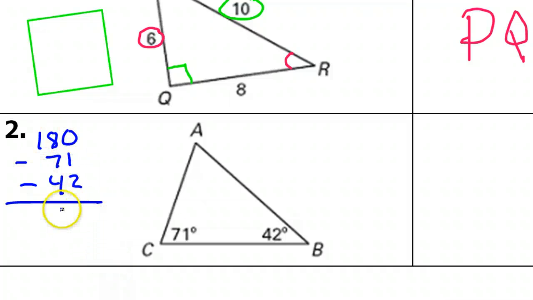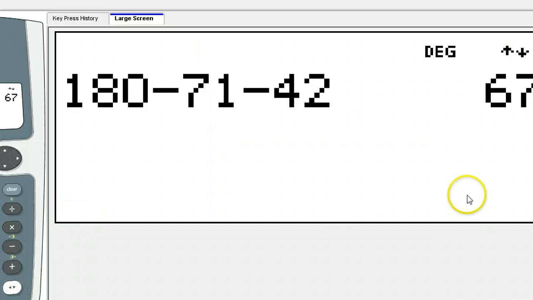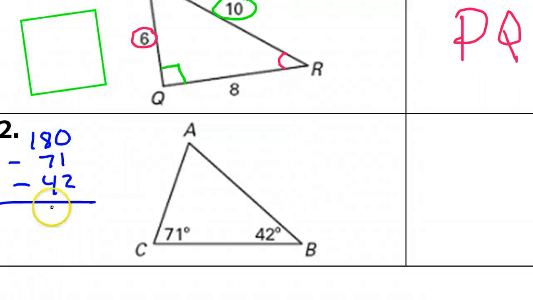I can just put it all in at once: 180 minus 71 minus 42. And I can just hit enter. So I get 67. So this must be 67 degrees.